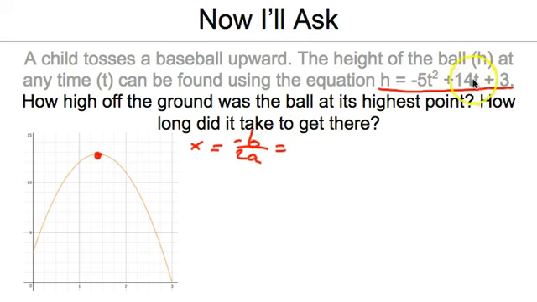So in this case, b is positive 14, so the opposite of positive 14 would be negative 14, and then 2 times negative 5, and so my x-coordinate would be negative 14 over negative 10, or positive 1.4.